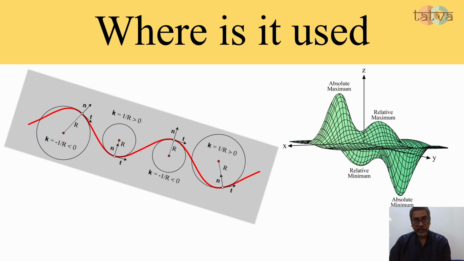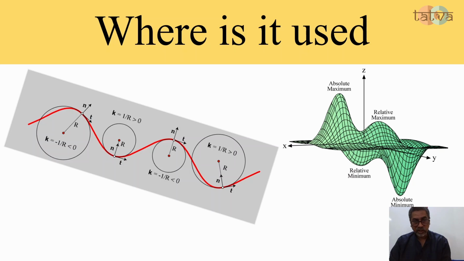You can see on the screen two graphics that I'm showing. The left one shows how one can mathematically calculate what is known as the curvature. So when a curve meanders, assuming that it's continuous and smooth throughout, as it moves, we find that it's bending at different rates at different points.